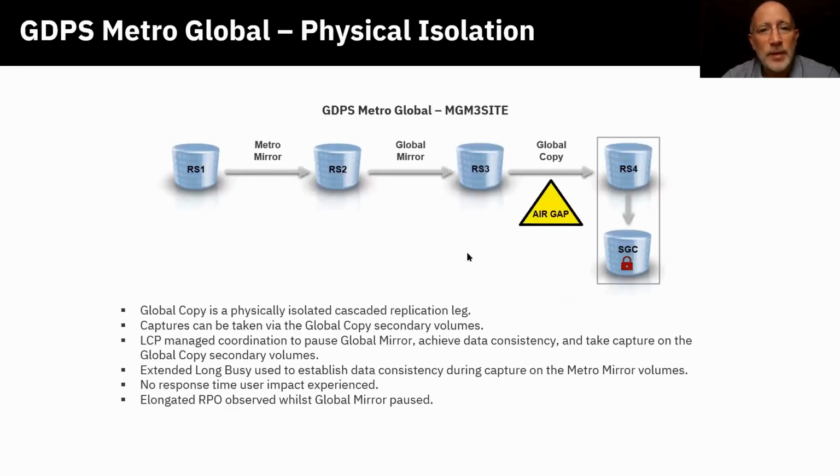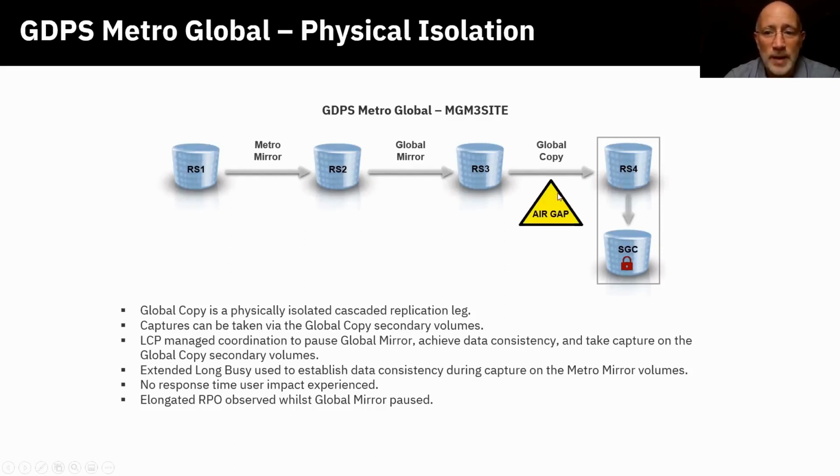If you prefer, you can adopt a physical isolation solution for Metro Global Mirror 3 site. In this case, we would cascade a copy from the Global Mirror secondaries. So we have the Metro leg, RS1 to RS2, the Global Mirror leg, RS2 to RS3, and then we have a cascaded Global Copy leg into the vault, RS4.